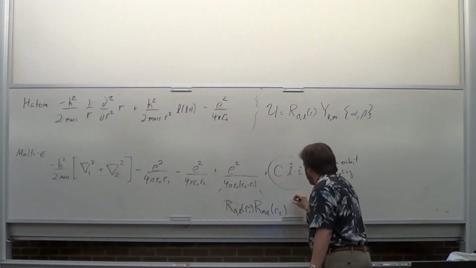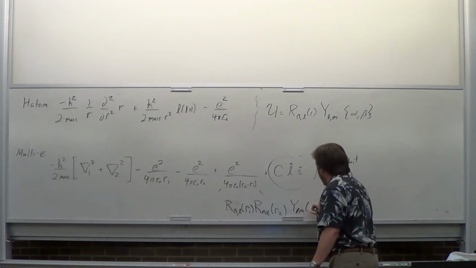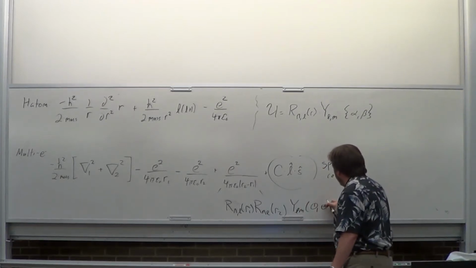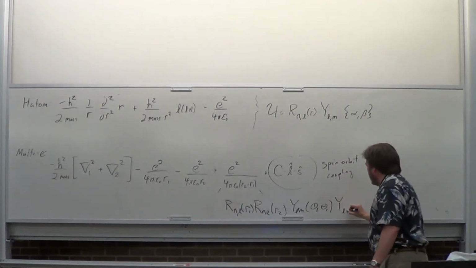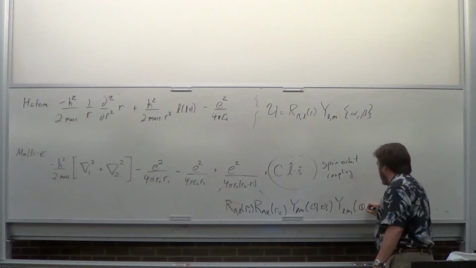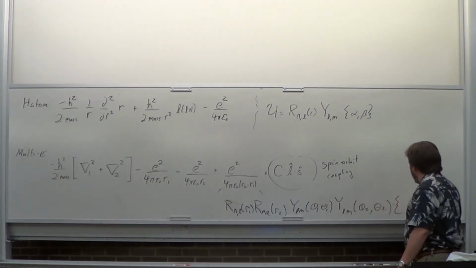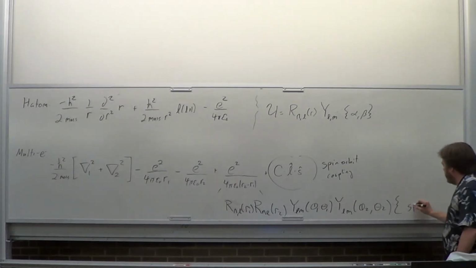I'm going to just say 2 electrons. I've got a theta phi for electron 1. I've got another one for electron 2. And then I would have spin, let's say, just a spin part.